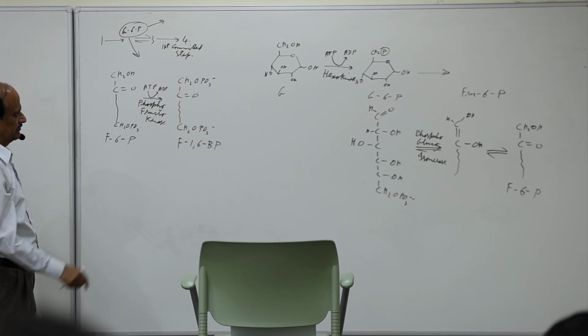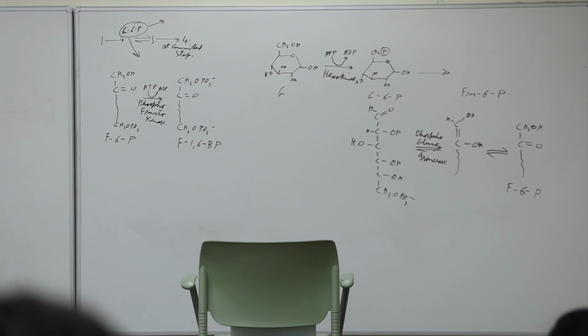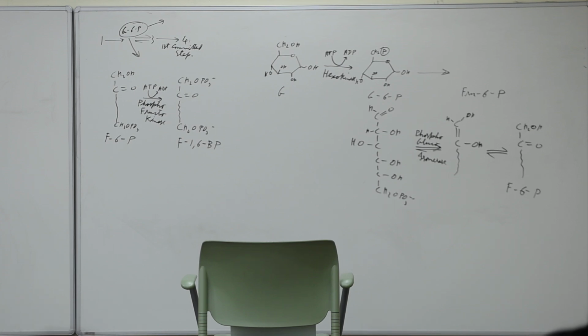So as I mentioned, every reaction has a reason. Yes? The one that is regulated, so the third one is the first committed step. Third one, which is fructose phosphate to fructose bisphosphate. Right.